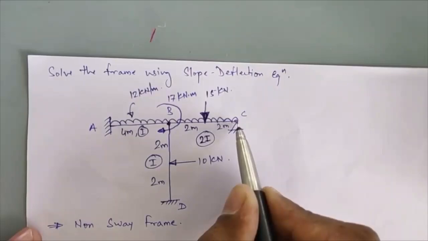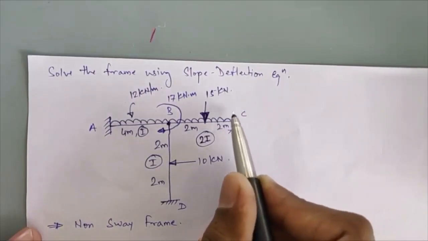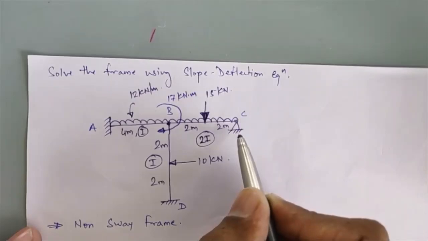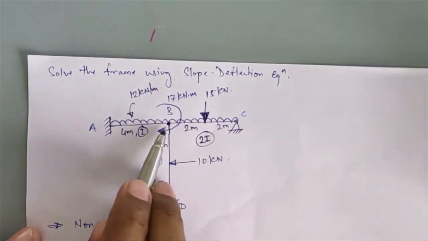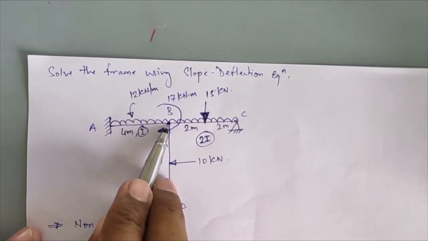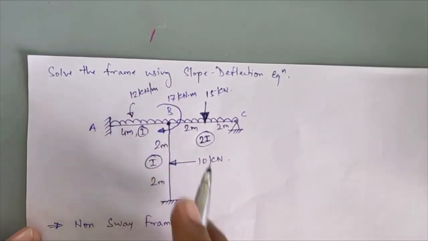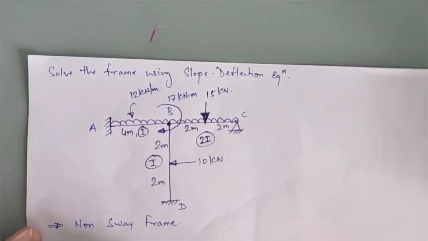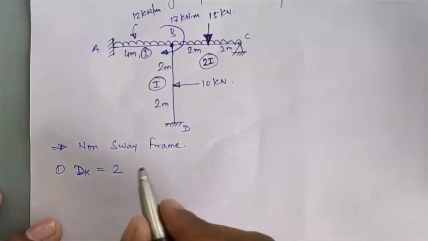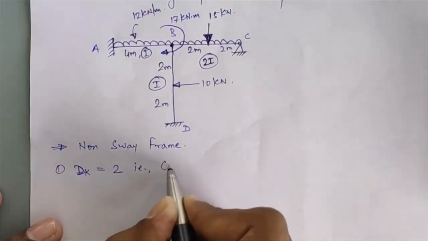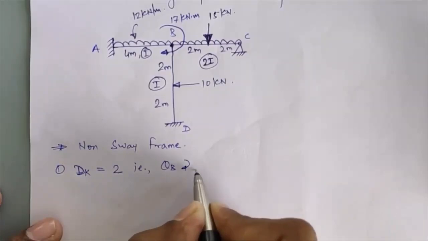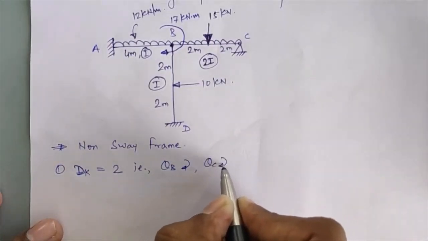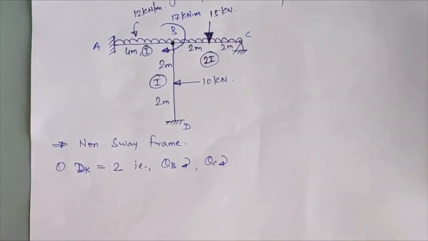Here you have support C, which will have one degree of freedom, theta C, and joint B is treated as a rigid joint, which also has 1. So the total dk in this complete frame will be equal to 2, and those values are theta B at point B and theta C at point C. Suppose initially I am assuming these rotations to be clockwise in nature.